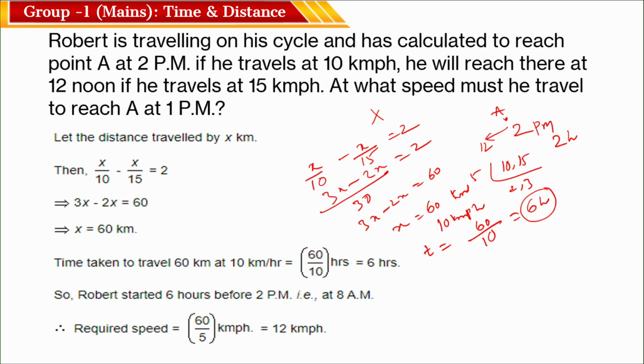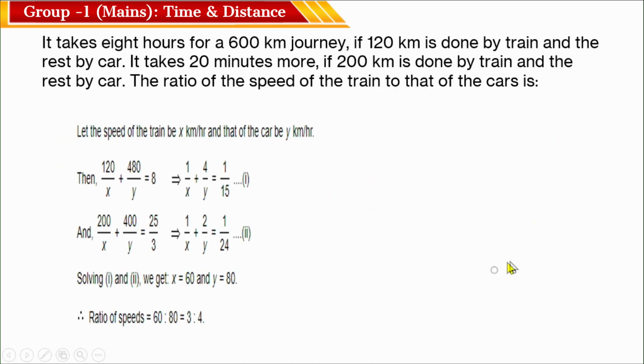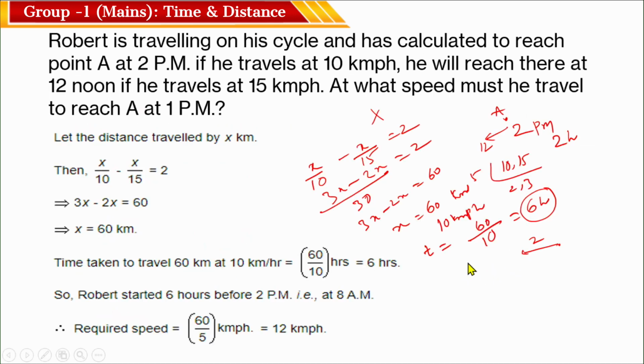6 hours. So, he reaches the point A at 2 o'clock, correct. From 8 to 12 it is 4 hours, and 12 to 2 it is 2 hours, totally 6 hours.